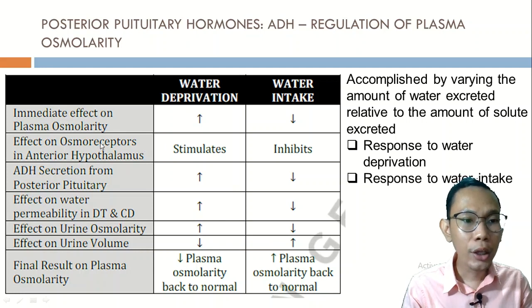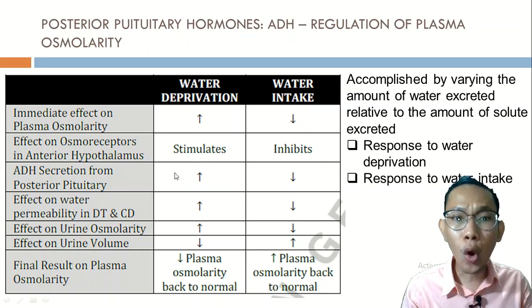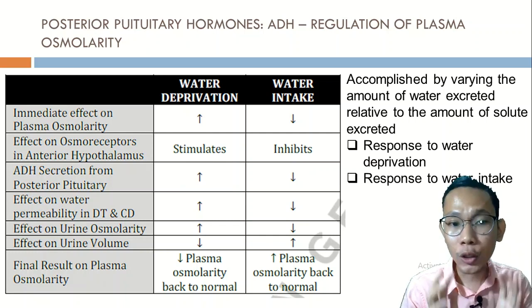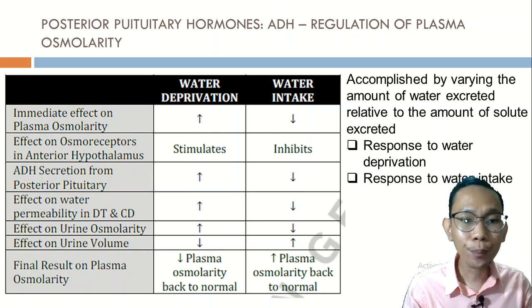So the osmoreceptors in the anterior hypothalamus will be stimulated to secrete antidiuretic hormone. In short, when stimulated, ADH production increases because I don't want to excrete water. I need to conserve water, and that is through the release of ADH.